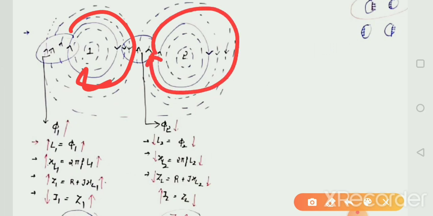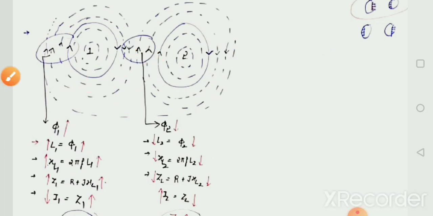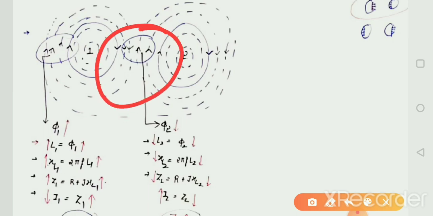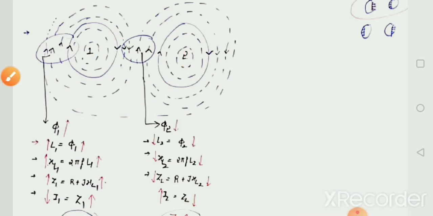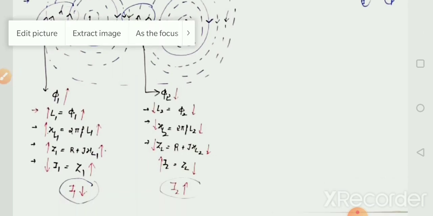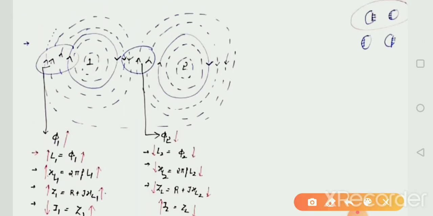When we consider this portion, the current directions are opposite to each other. So we can say the magnetic flux is very low here, because the current density is low.